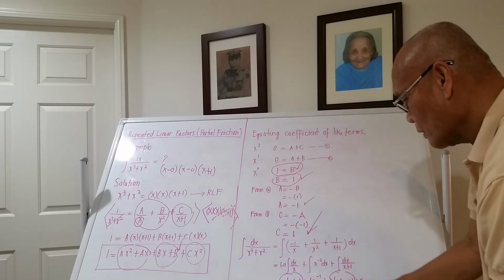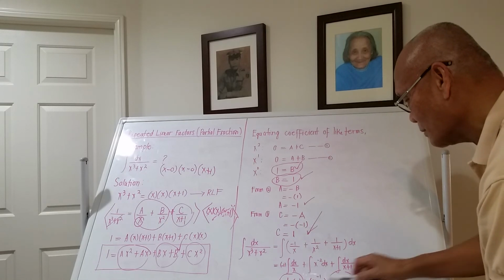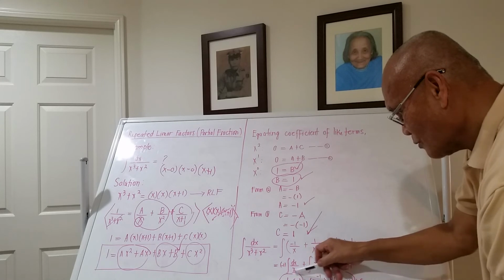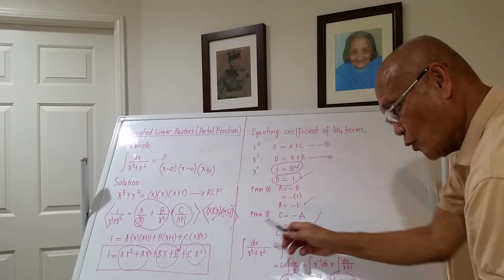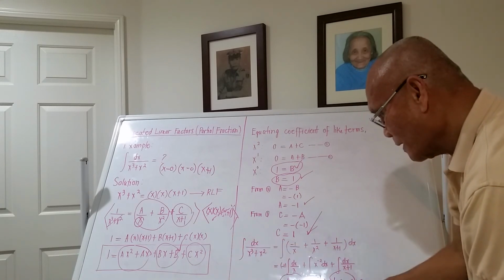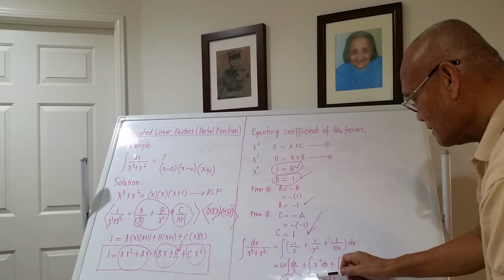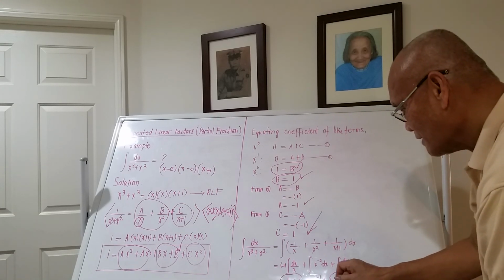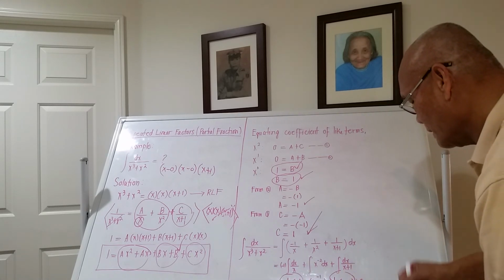So the natural logarithm of x plus 1 in the numerator, and x in the denominator, that is, the natural logarithm of x plus 1 over x. We bring this negative exponent down, but this is negative, so this is negative 1 over x plus C. Final answer.